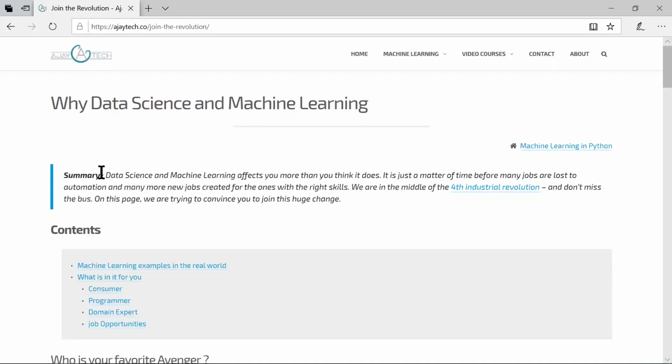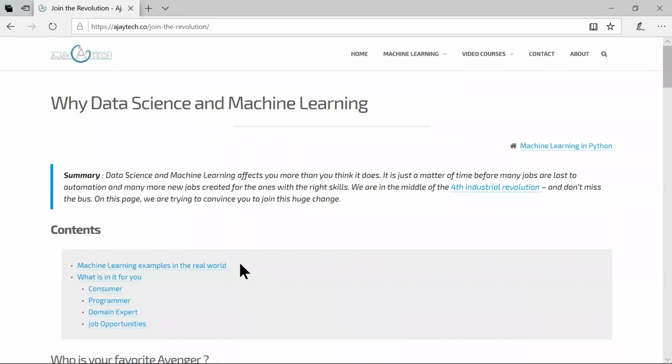Machine learning, data science, data analyst, or deep learning. These are all different terms for the same thing, dealing with data. So I want to give you some examples before we try and understand the course structure, etc.